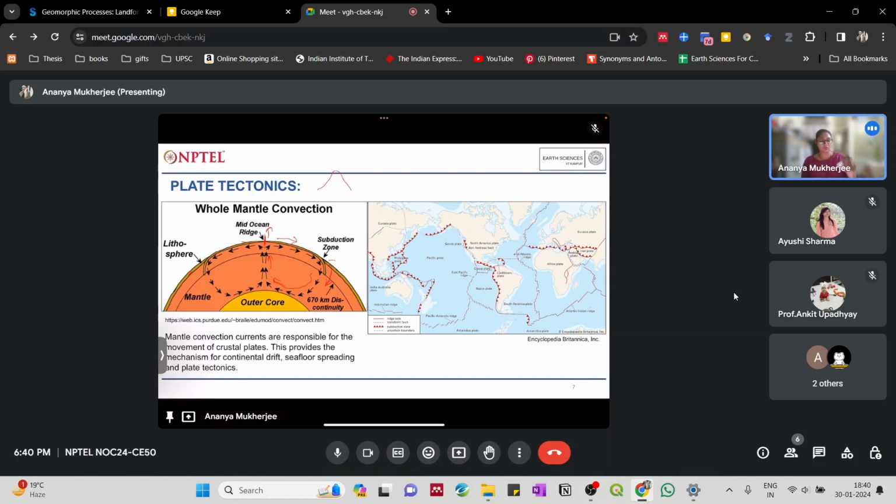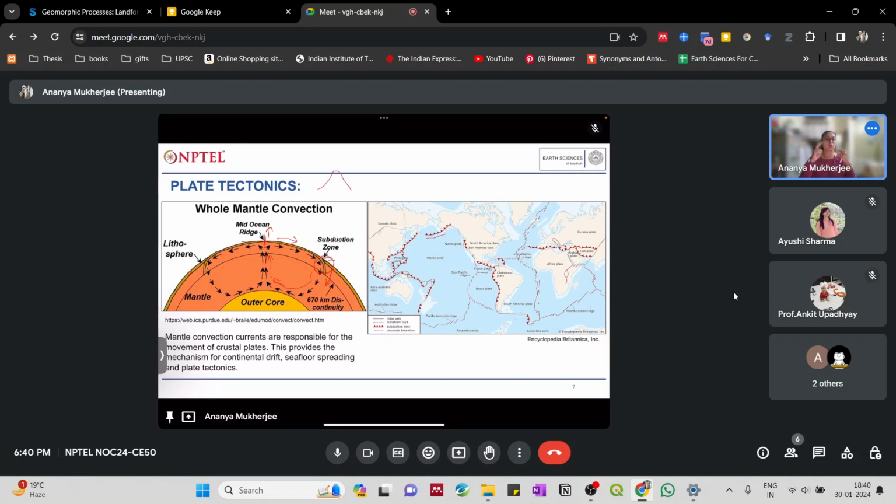In this map, all these lines are the areas where you have the oceanic ridges, and the areas where you have the triangles are where material is being pushed down towards the mantle because of the convergence.